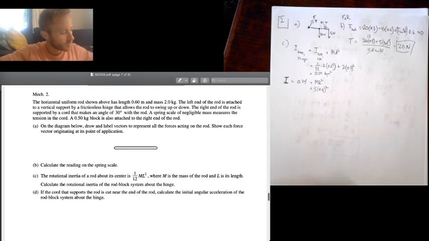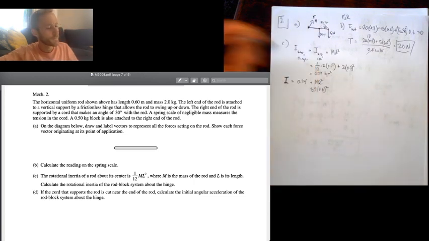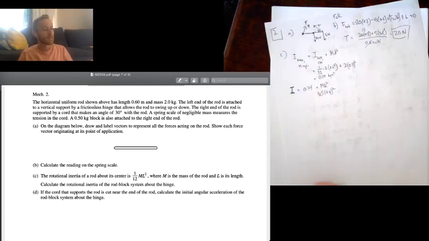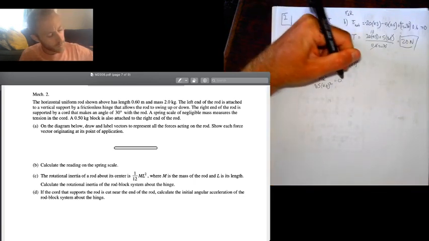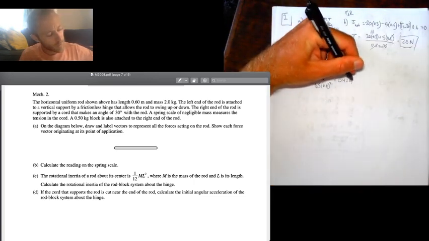Oh, that should be 0.5. And that equals 0.18. So we get 0.42 kilogram meter squared.